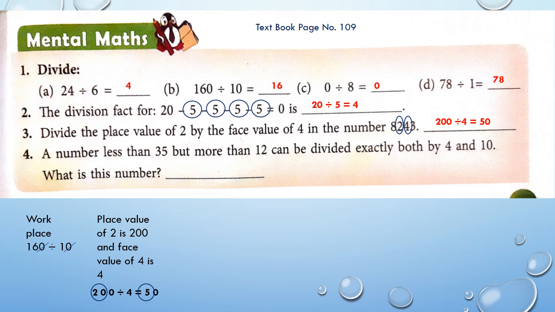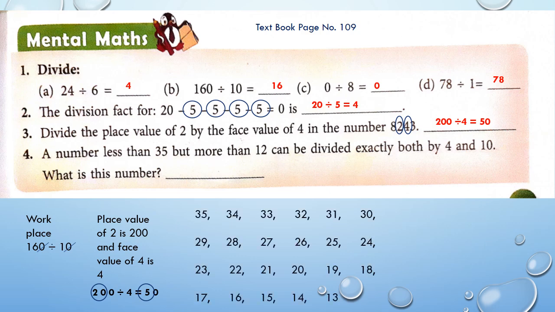Number 4. A number less than 35 but more than 12 can be divided exactly both by 4 and 10. What is this number? Now we have to see all the numbers from 35 and between 12. So 35, 34, 33, 32, 31, 30, right? Till 13. More than 12 means 13, right?